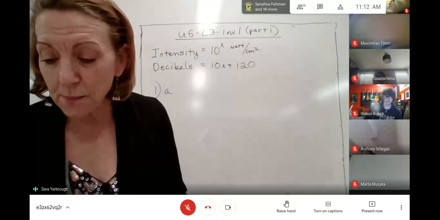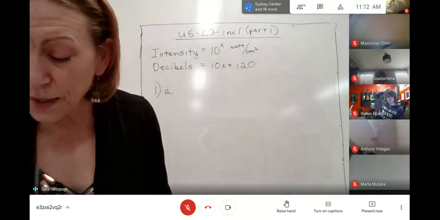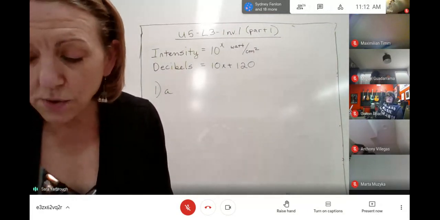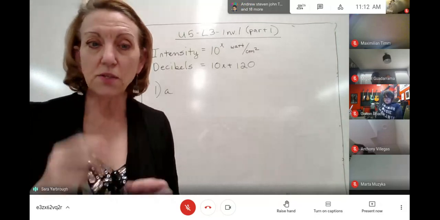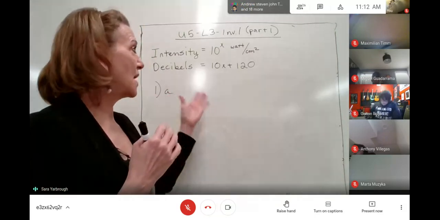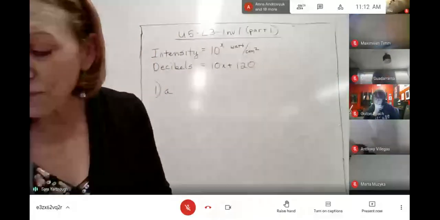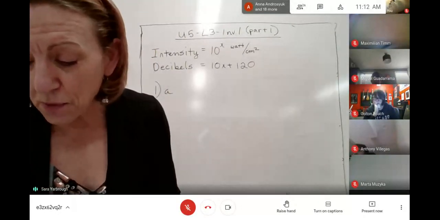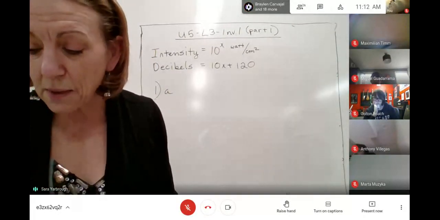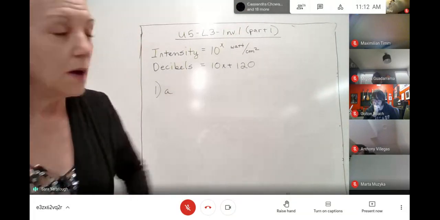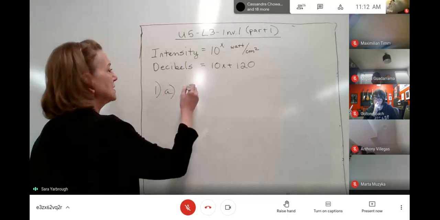The directions in number one are: express each of the numbers in part one as powers of 10. So express each of these numbers as 10 to some exponent. You can find exact values for some of the required exponents by thinking about the meaning of positive and negative exponents. All right, so we'll start out real easy.